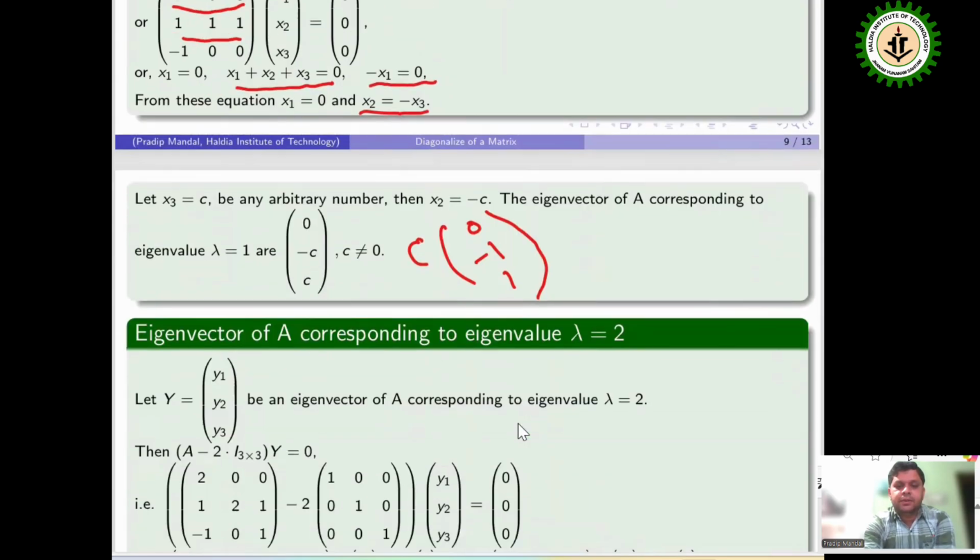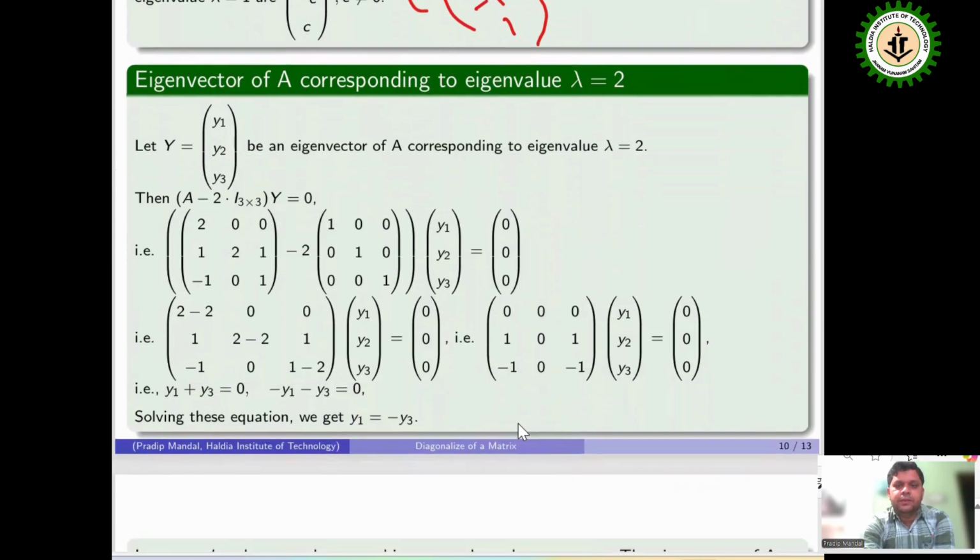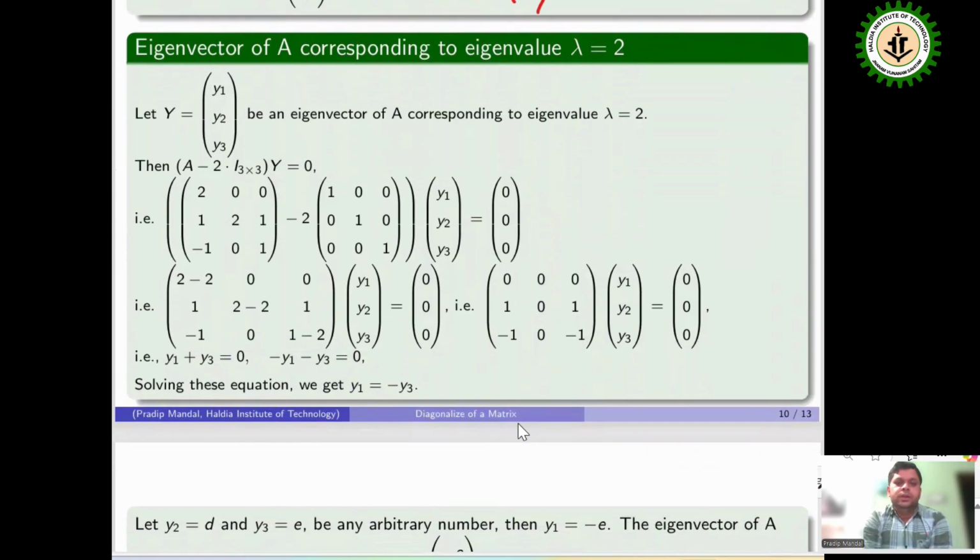Now, second step, we calculate the eigenvector of A corresponding to the eigenvalue lambda equals 2. So let y equals (y1, y2, y3) be an eigenvector of A corresponding to eigenvalue lambda equals 2. Therefore, Ay equals 2 times y.